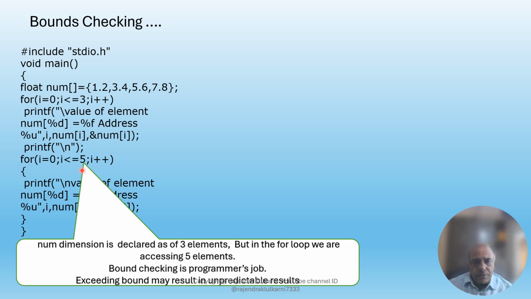The only thing is, when we exceed the bounds of the array, the dimension of the array, we can also say bound, the program may give us unpredictable results because the compiler has allotted only 4 into 4, that is 16 locations for this, and we are trying to exceed the 16 locations.